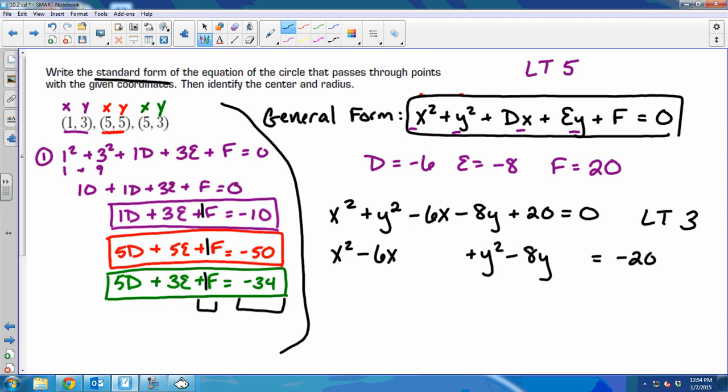So negative 6 divided by 2 is negative 3, and negative 3 squared is 9. So I'm adding 9 here and 9 here. Negative 8 divided by 2 is negative 4, and negative 4 squared is 16. So I'm adding 16 and 16.